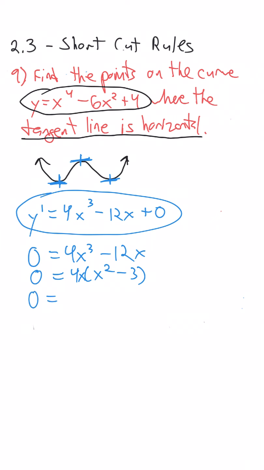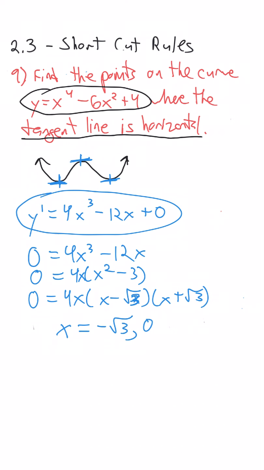So 0 is going to equal 4x times x minus the square root of 3 times x plus the square root of 3. It's a difference of perfect squares in that way. And therefore we get zeros at x equals negative square root of 3, 0, and square root of 3.